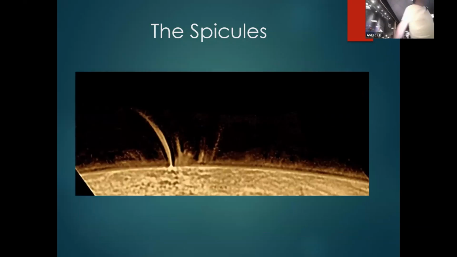The next one is again. You see all the spikes here along the edge. When there's an active group here, it seems to be much thicker, and the spicules are more apparent around the active group. You can see it's much larger than the previous slide.